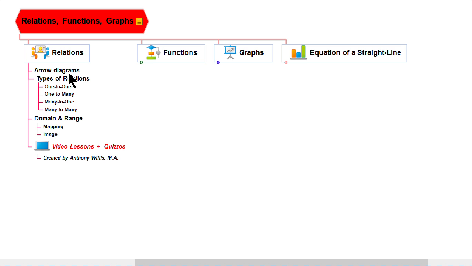You'll come across arrow diagrams that show you the mapping of one element to another element. You have different types of relations: one to one, one to many, many to one, many to many. Then you have things such as the domain and range, mapping and images, and so on.